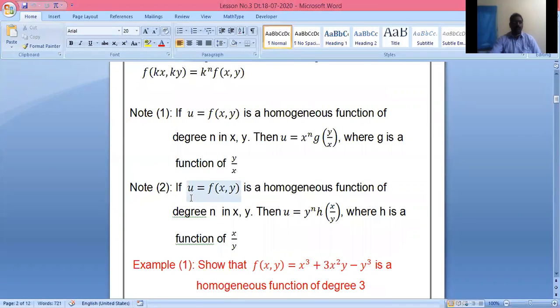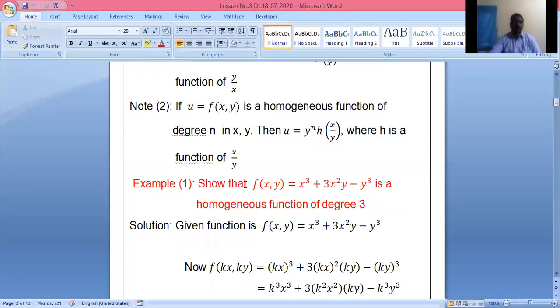Note 2. If u equal to f of x comma y is a homogeneous function of degree n in x and y, then u can be written as y power n into h of x by y, where h is a function of x by y.